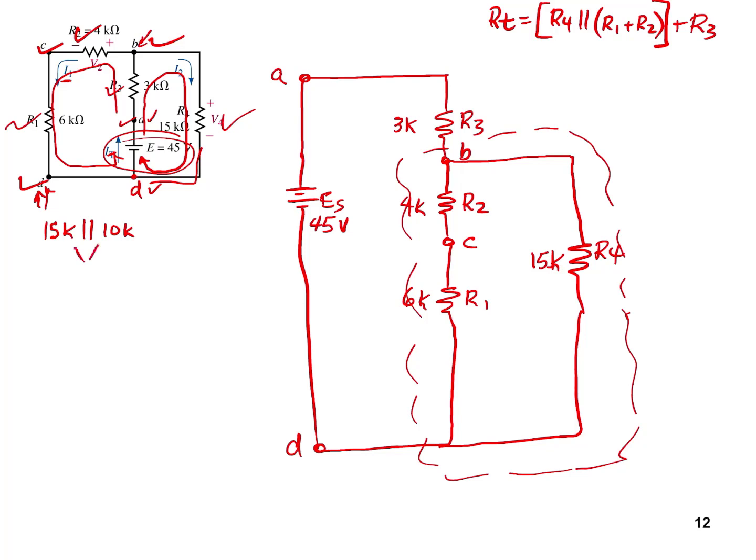And what we'll do is determine that product over sum value before we add it to our 3k, because remember, we're adding it to the R3 value, right? So we're going to come up with this first. So we're going to go 150 over 25. Answer will be in k.